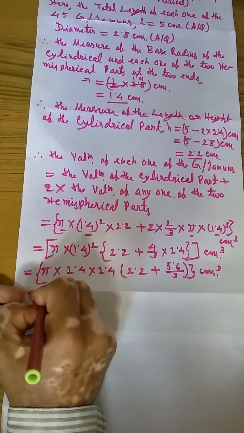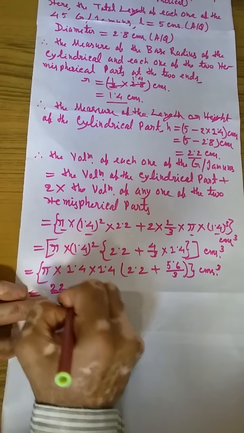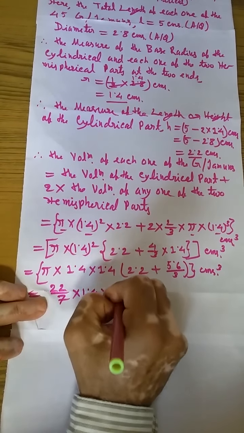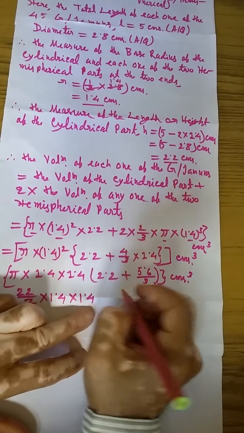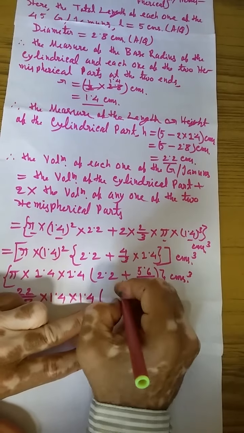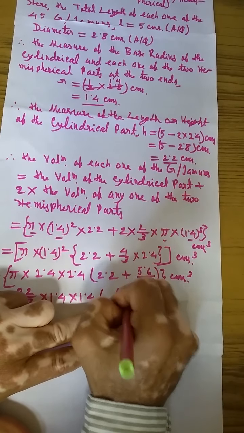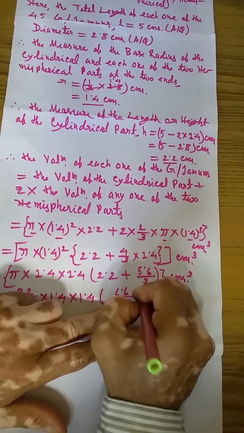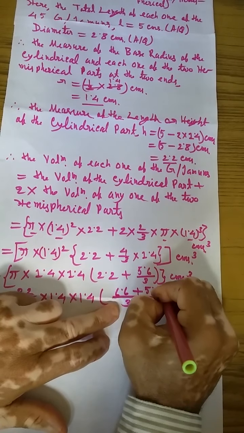After this, let us proceed in this way. This is equal to pi. In place of pi, we will write 22 by 7 now. 1.4 into 1.4. So if we take 3 as LCM, we will get here 6.6. 1 to the 3, 3 to the 6, 6 to the 6, that means 6.6 plus 5.6.